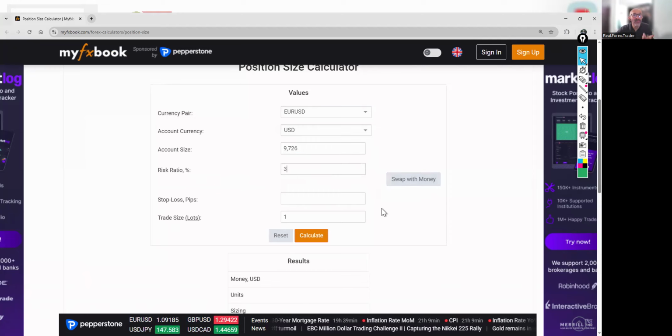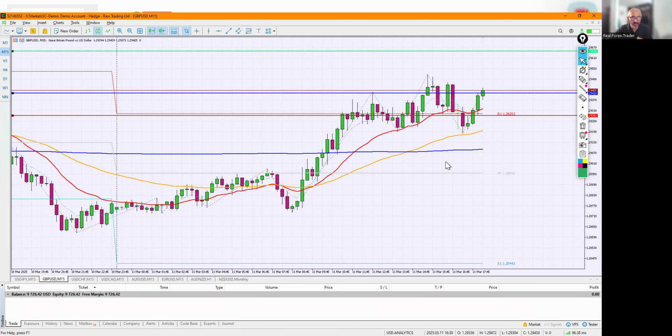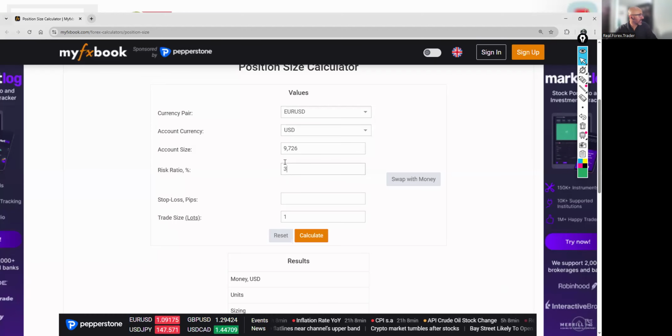And my stop, that is the thing. Because yes, you can calculate your 3%, but let's see that 3% according to my pips in here. I said I am risking 12 pips. So I said here 12 pips.